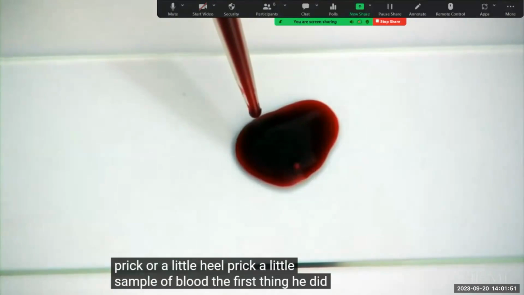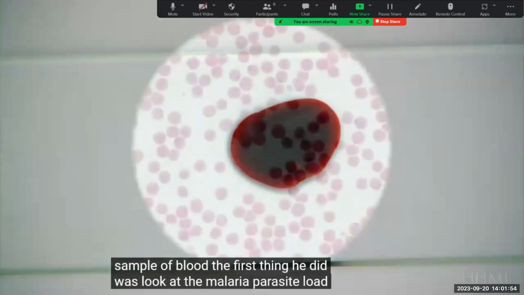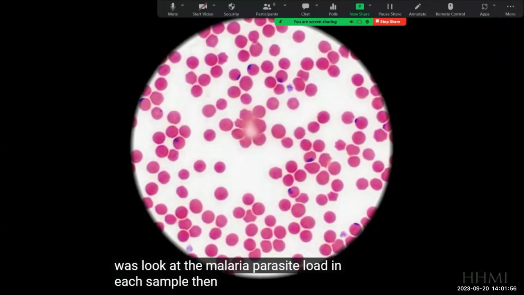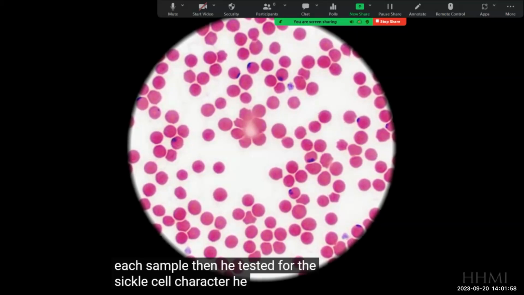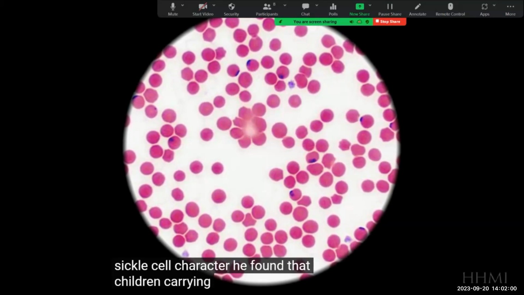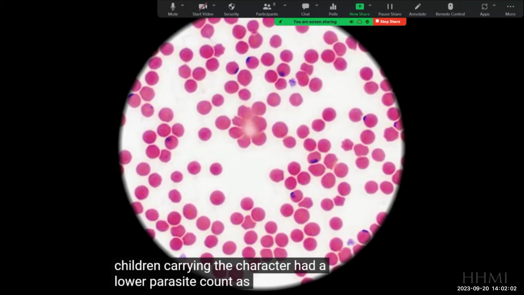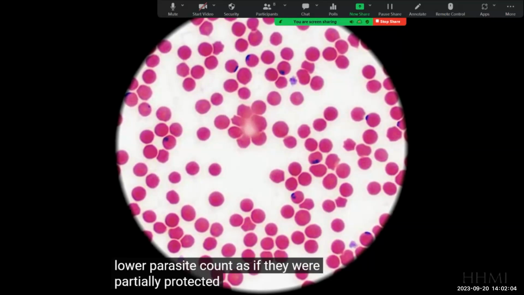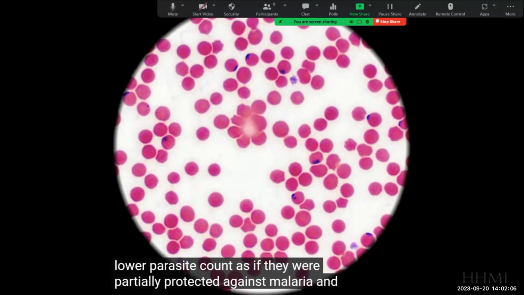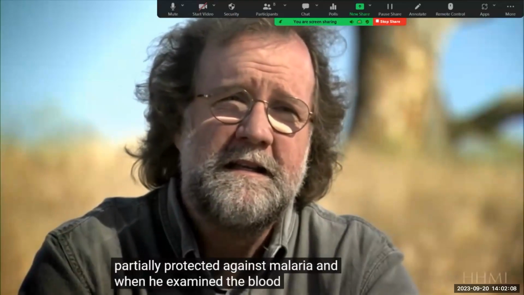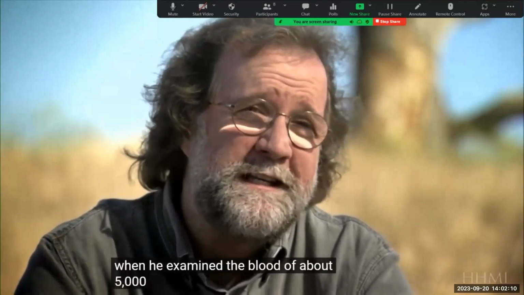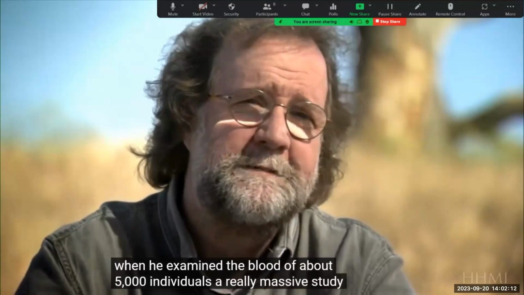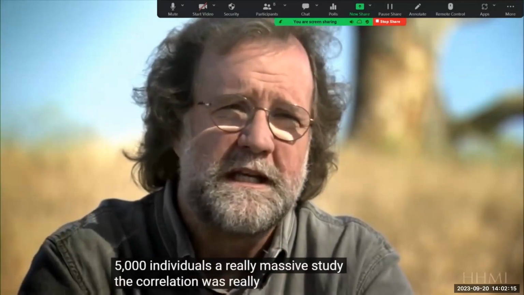The first thing he did was look at the malaria parasite load in each sample. Then he tested for the sickle cell character. He found that children carrying the character had a lower parasite count, as if they were partially protected against malaria. And when he examined the blood of about 5,000 individuals, a really massive study, the correlation was really clear.